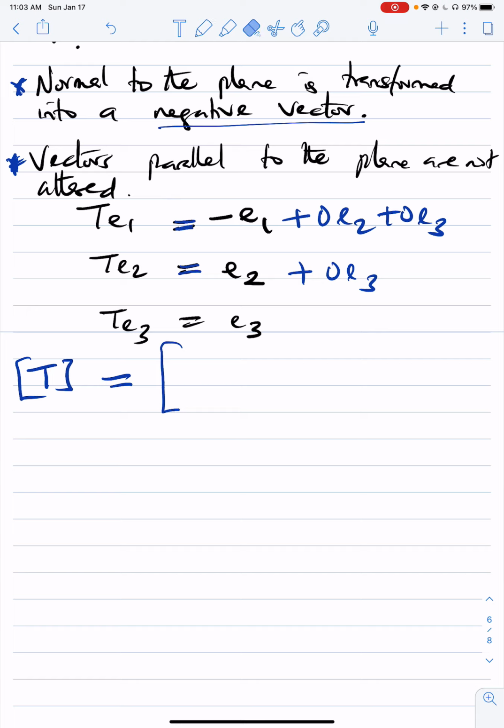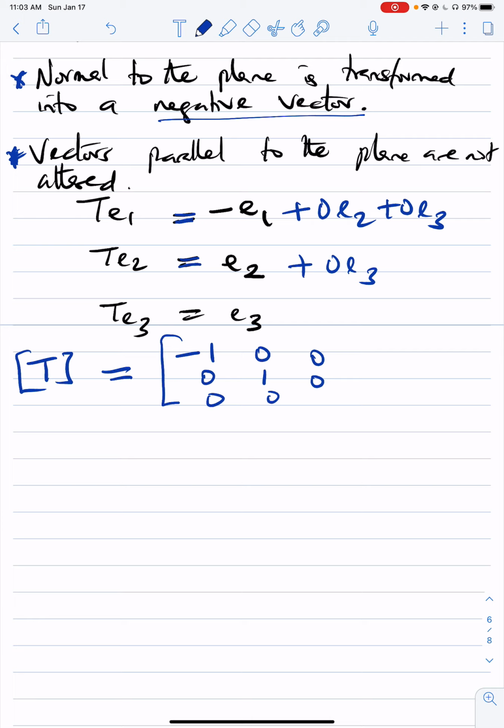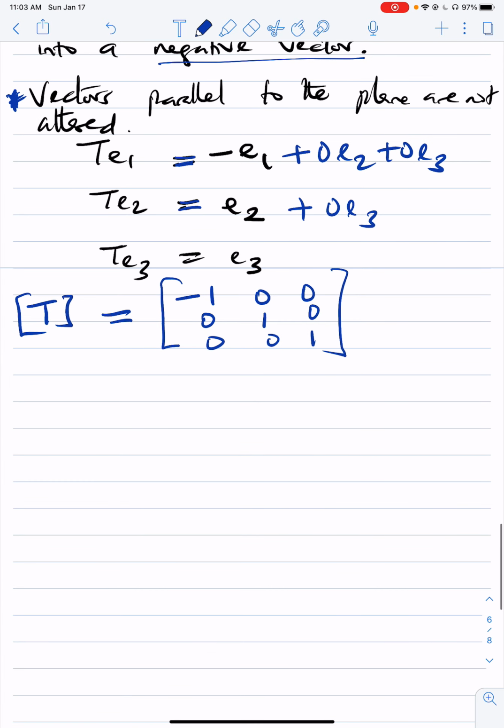So we write this out to be negative 1, 0, 0, 0, 1, 0, 0, 0, 1. So this is the transformation matrix. Now we write this E with respect to this, to let people know that this is the base vector with which this transformation is taking place. I hope this makes sense.